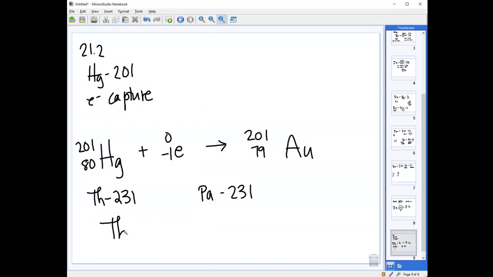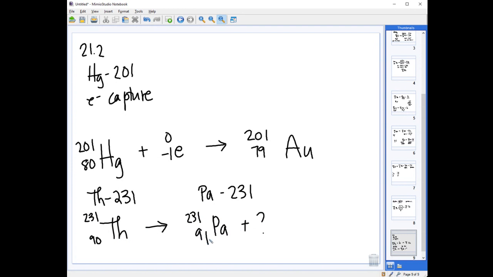So they tell me I have thorium-231, and it is decaying to protactinium-231. And I have to figure out what it is decaying by. Okay, so what is it decaying by?